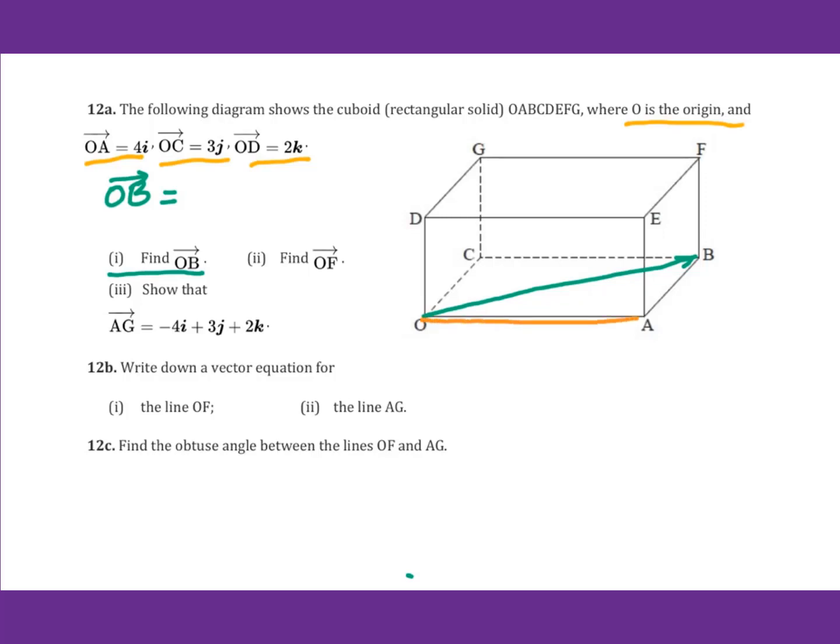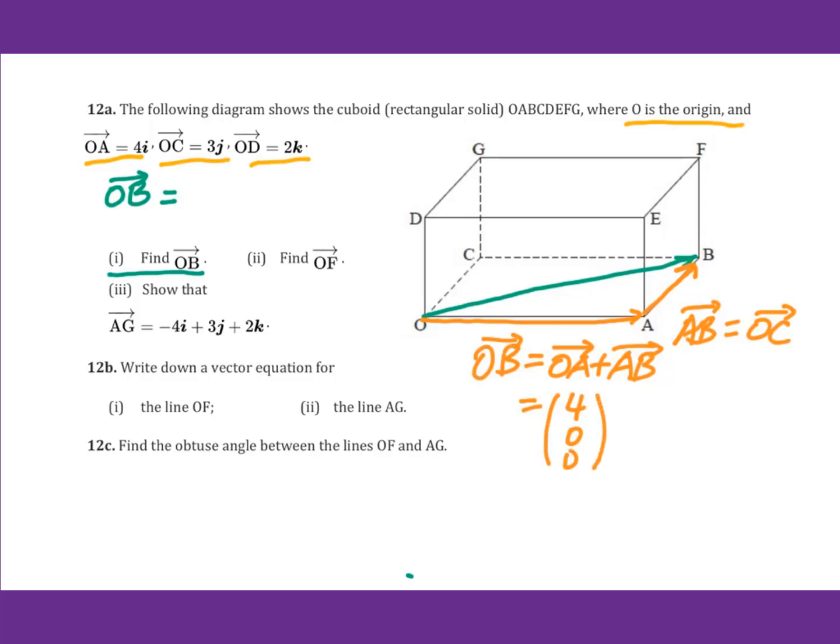OA, go to AB. We know AB equals OC. Therefore, we can see OB equals OA plus AB. OA, that is 4i, we do 4, 0, 0.